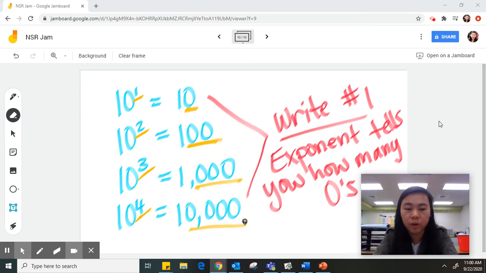Now, does this work for any other number, 10 raised to whatever it is? Yeah, it does. What is 10 to the 10th power? Exponent of 10, so 10 zeros. What's 10 to the 563rd power? 563 zeros. Okay, so this is our little trick that we went over in class. And I hope that helps with exponents.